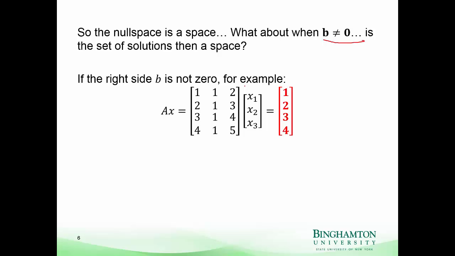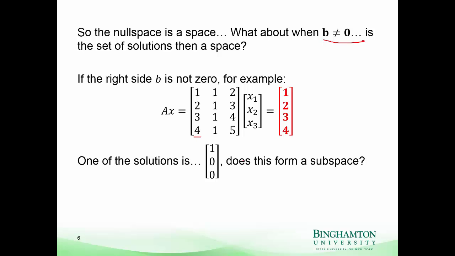There is for this case, because clearly our B is in the column space because it actually equals the first column. So obviously, one of the solutions to this is the x vector 1, 0, 0.